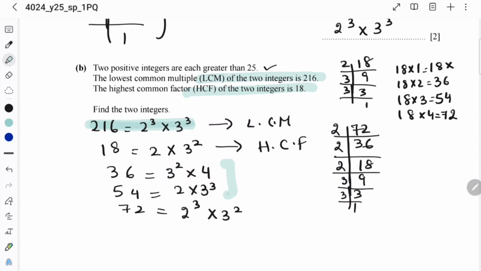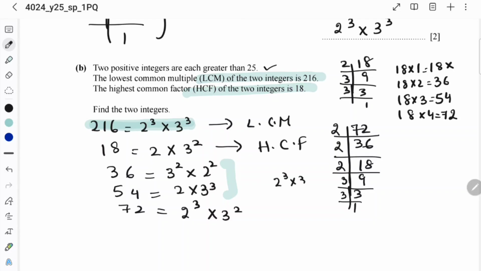If I try this, I don't have 2 cube there. In place of 4, I can write 2 square there.